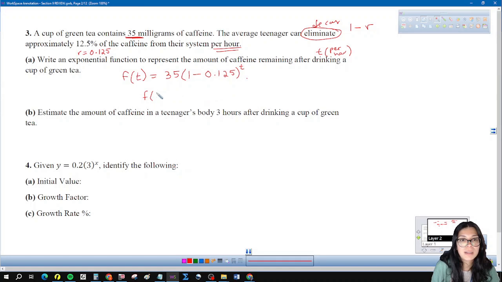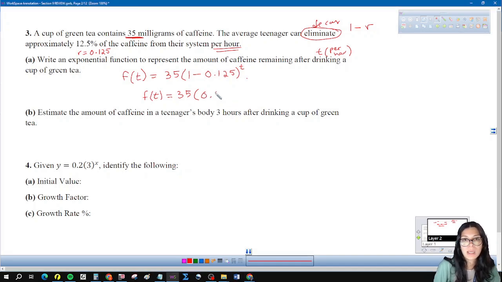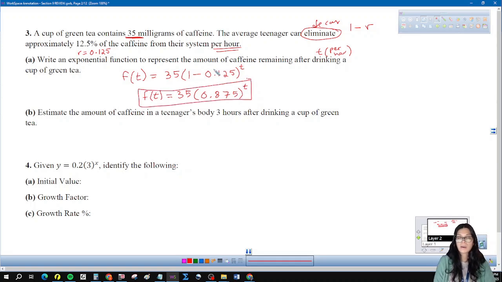So if I simplify this, it will be 35, and then 1 minus 0.125 is 0.875. And of course, the power t stays. So that is the function that represents the amount of caffeine over time t, how many hours have passed.